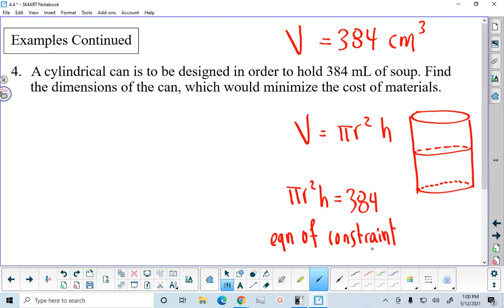So now we have to develop a formula for the thing we want to optimize. Well, we want to minimize the cost of materials. And with this example, we're making a big assumption here that the cost of the material for the top and the bottom of the can is the same per unit area as the cost of the side of the can.